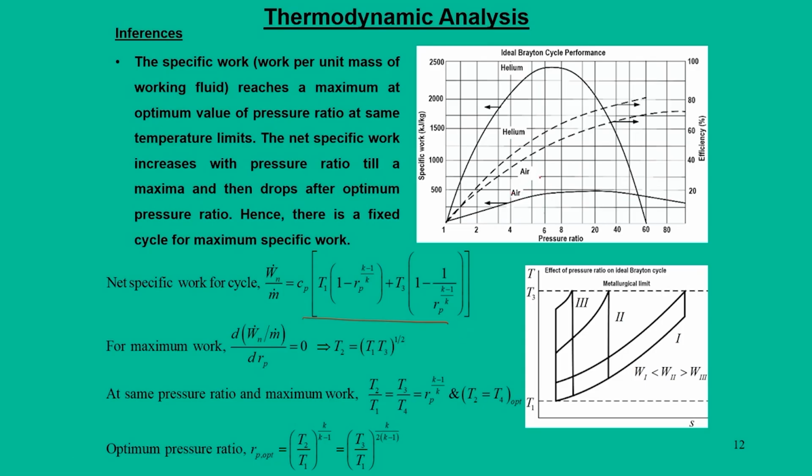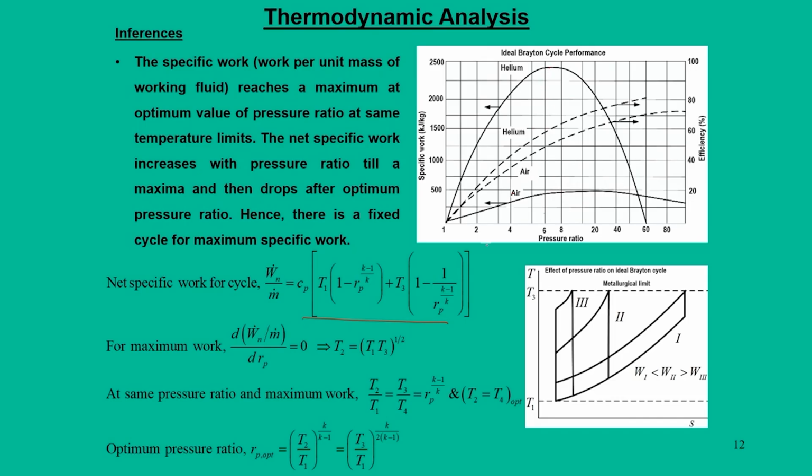Now, compared to air, helium has high values of Cp and k. Since the Cp value is almost 5 times more, you can see the peak power for helium is almost more than 5 times.